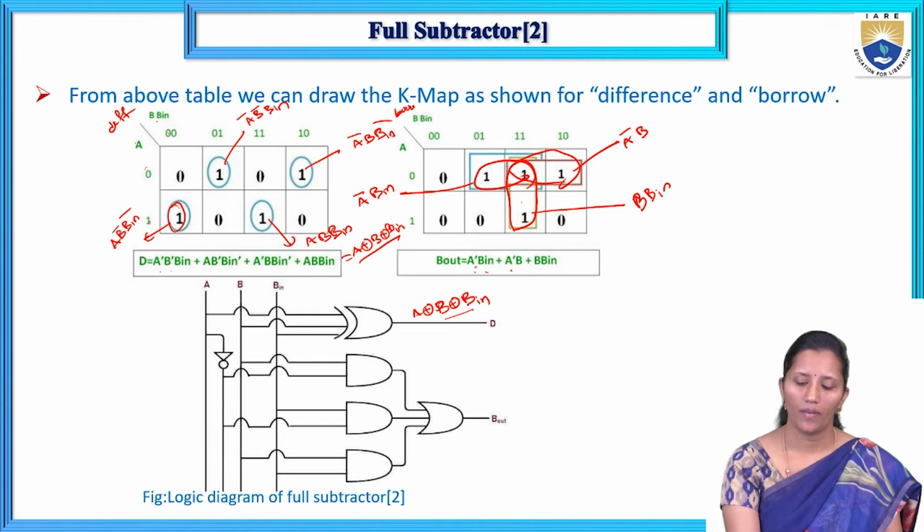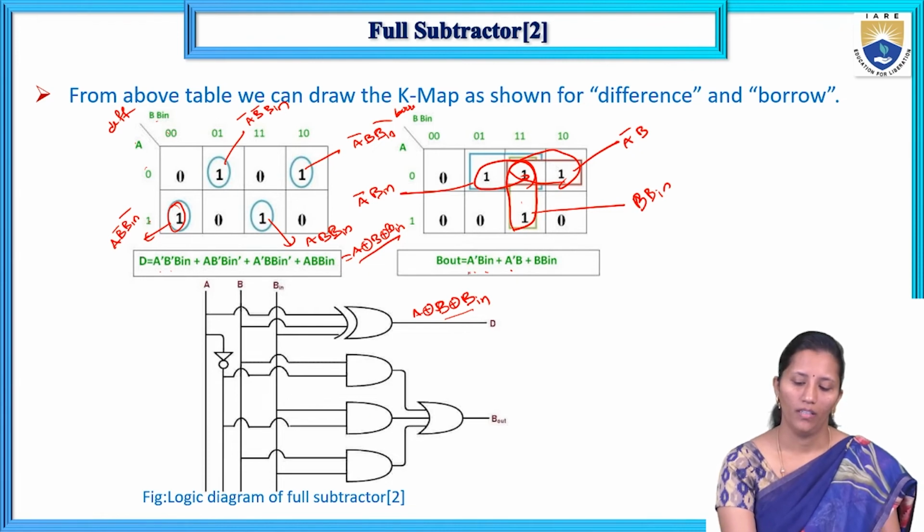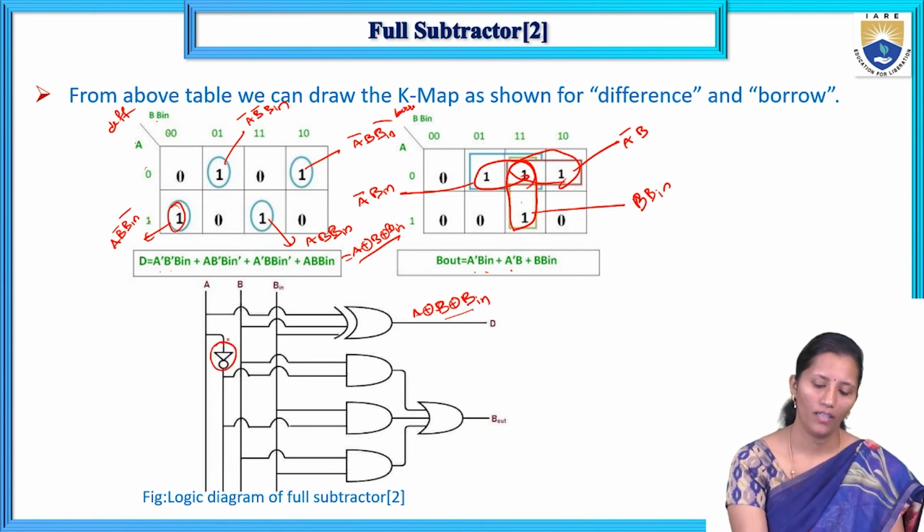Okay, if we observe the borrow equation, A bar we are using here. So to get A bar, we have to use this NOT gate. The input is A here, and the output we are getting is A bar. So here A bar, another one is B. Okay, another AND gate, inputs are B in, A bar. For this AND gate, inputs we are getting from here, B and B in.